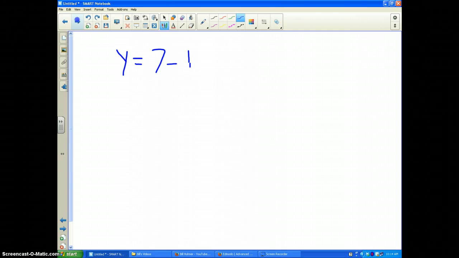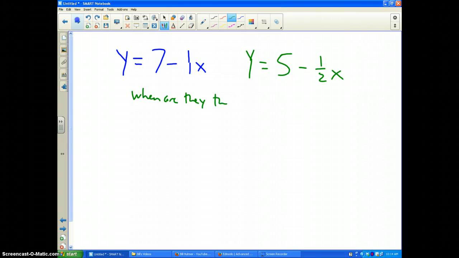I'm going to rewrite the two equations. Now, the question is, when are they the same? Well, if they're the same, that means the two y values have to be equal.